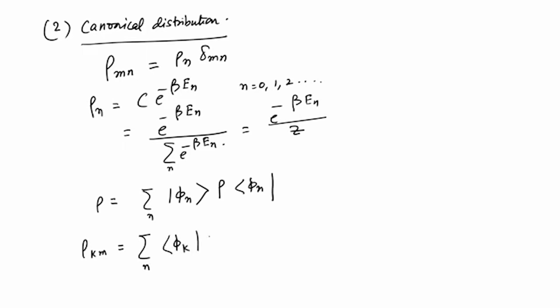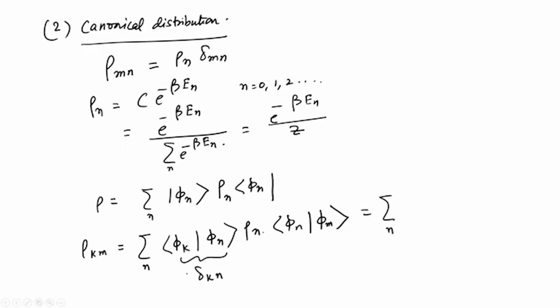So, it is <phi_k|phi_n> rho_n <phi_n|phi_m>. So, there is a sum over n. This gives you delta_kn, because this basis is orthonormal. So, delta_kn, rho_n and delta_nm. Okay. And this is nothing but equal to rho_k delta_km.